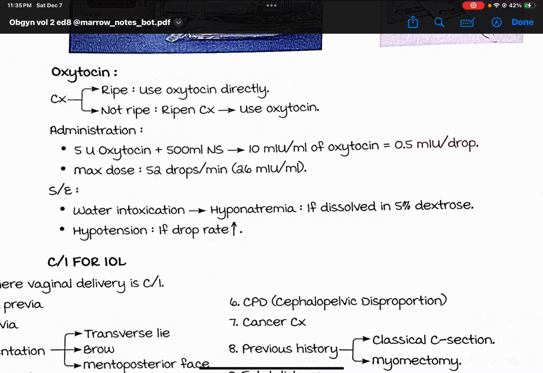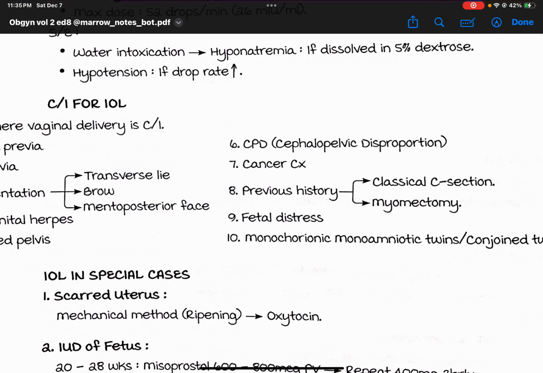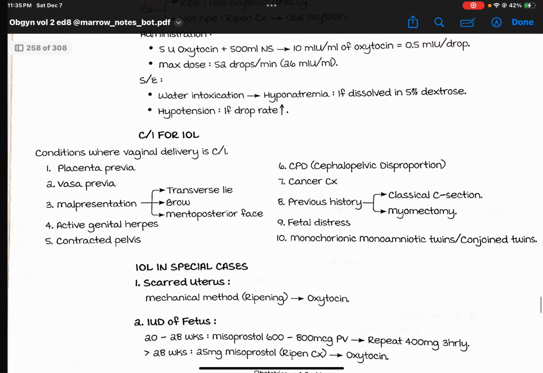So 5 units of oxytocin in 500 ml NS, and the maximum dose that you can give is up to 52 drops per minute. Side effects: water intoxication, hyponatremia if dissolved in 5% dextrose, hypotension if drop rate increases.